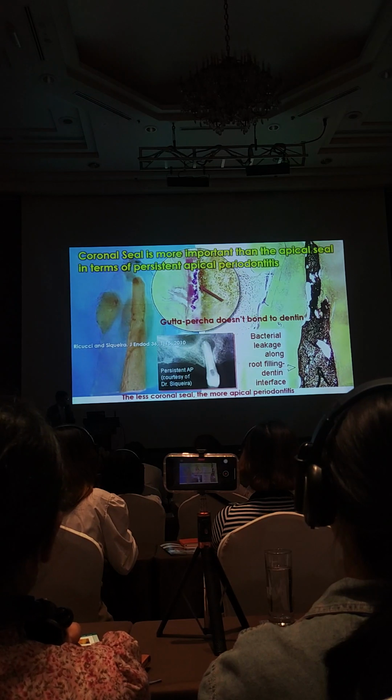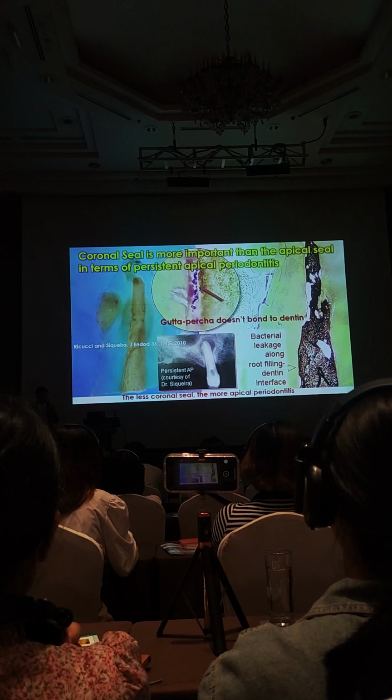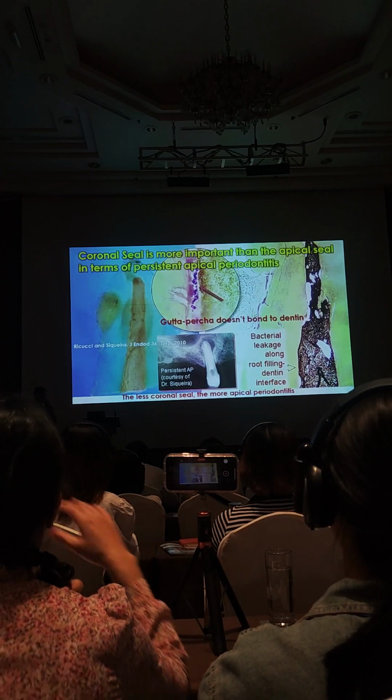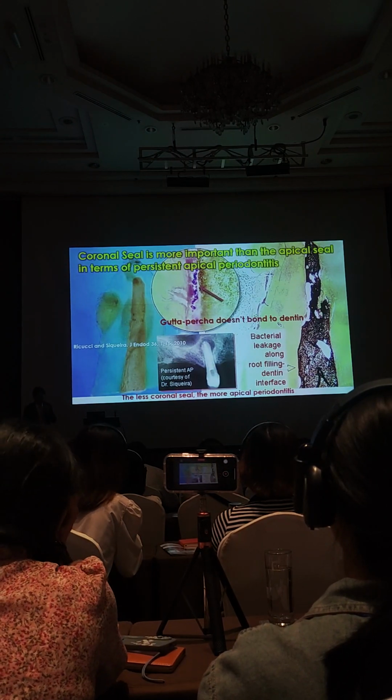In order to do that, you need a material that will bond to dentin. So that's MTA. Don't use gutta-percha and the sealer in retreatment. Gutta-percha will not prevent the bacteria from going into the periapical tissues.